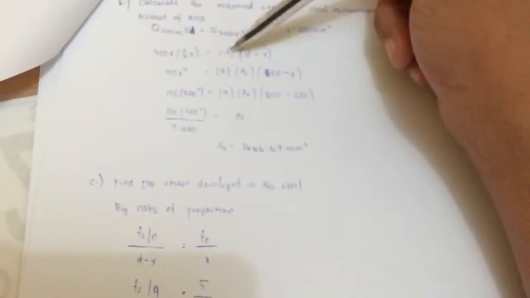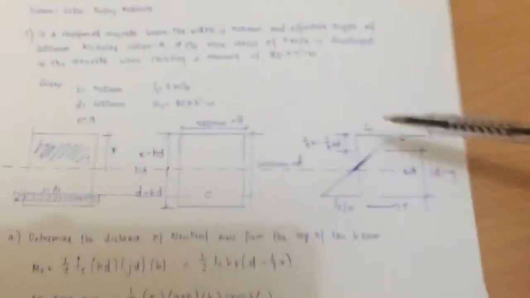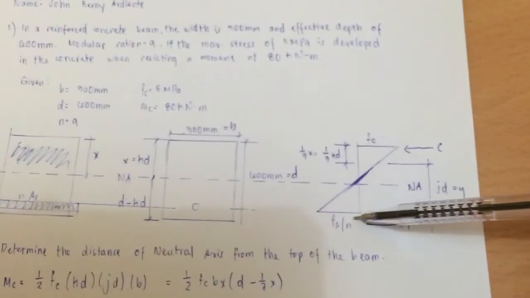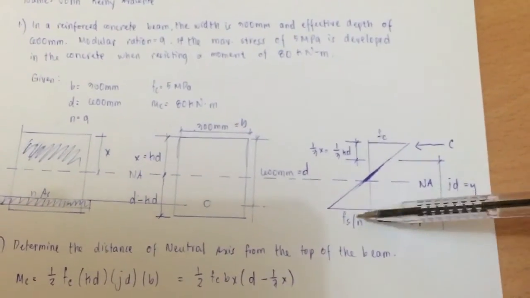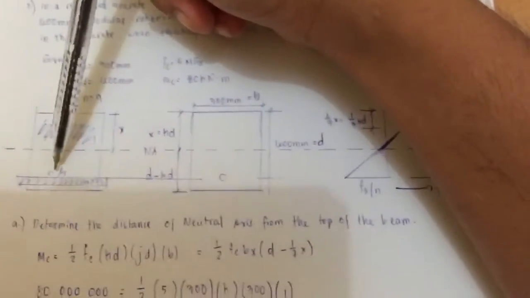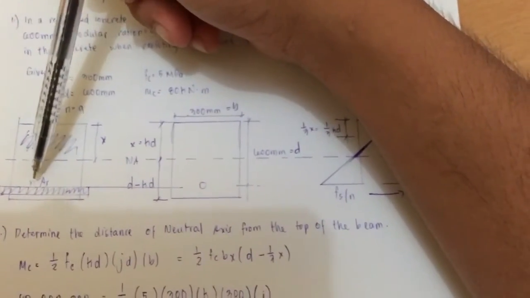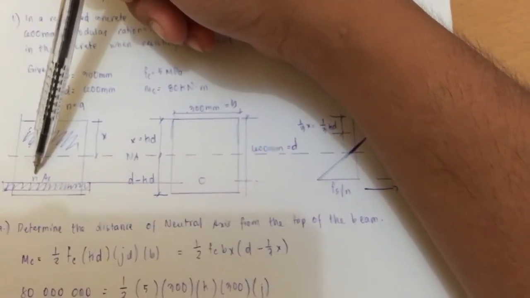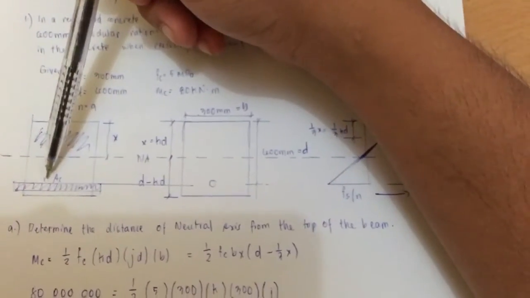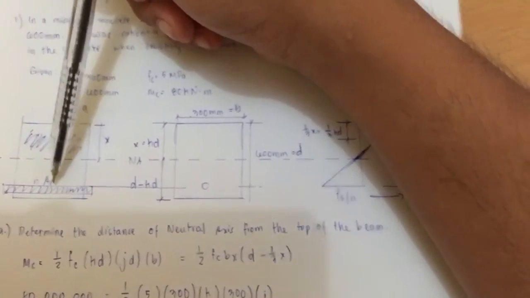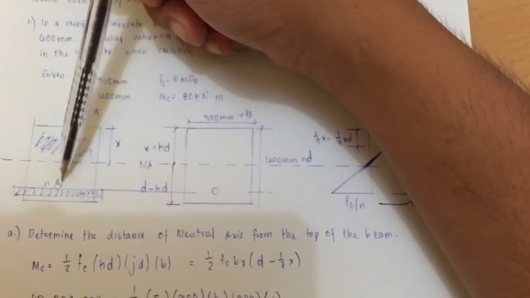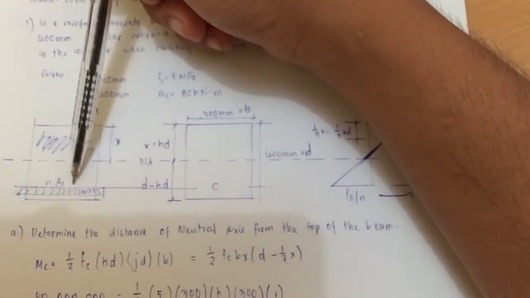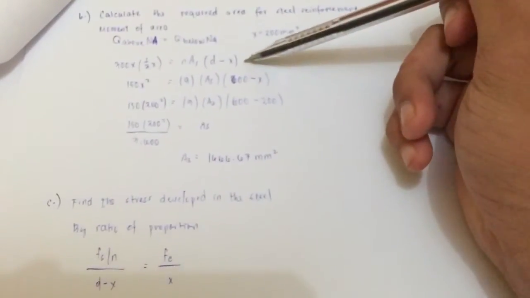On the other hand, below the neutral axis, which is the tension, now remember, the area of our steel is equal to n, the modular ratio, times the total area, times the area of the steel, times the distance, which is equal to d minus x.